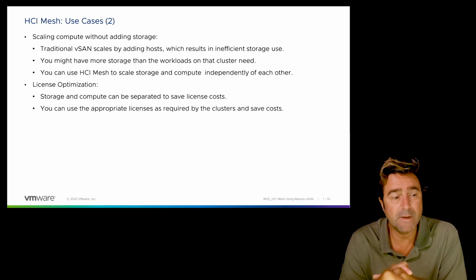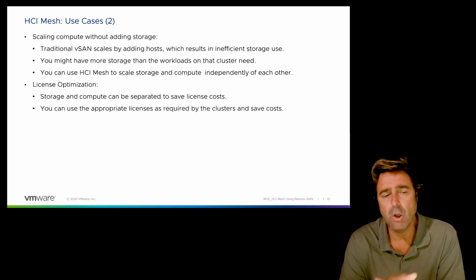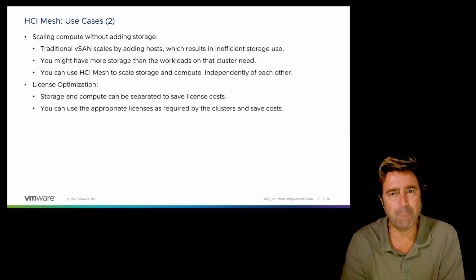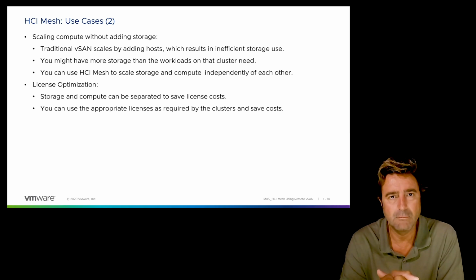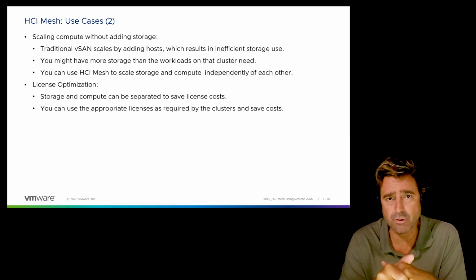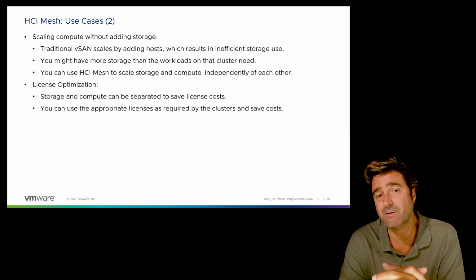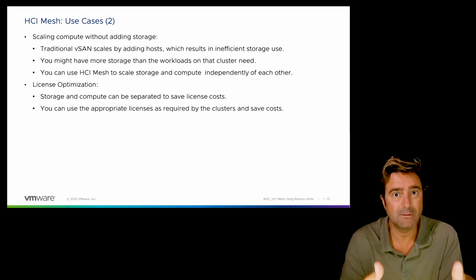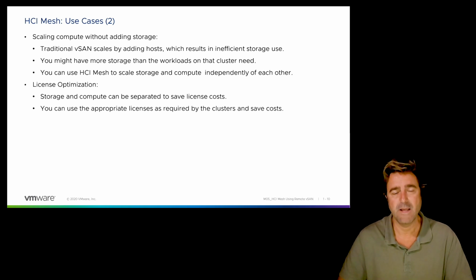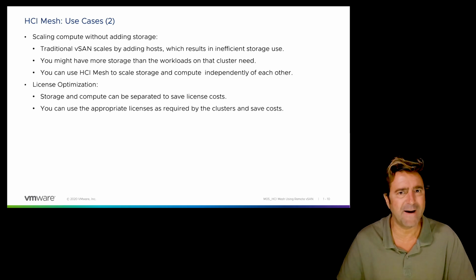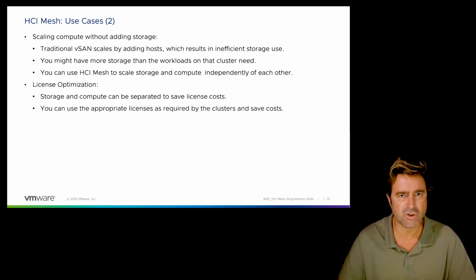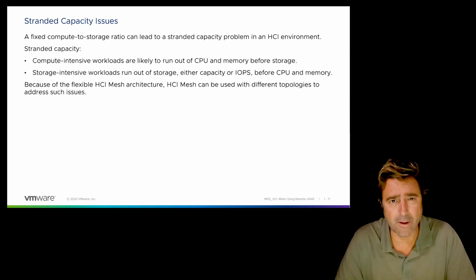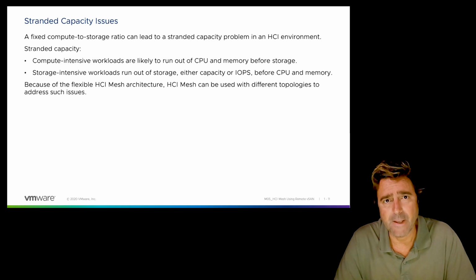It says you can use HCI mesh to scale storage and compute independently of each other. Technically, you could even build clusters without a local vSAN data store, and they just mount the remote vSAN data stores. And we've already talked about how you can save money because of license combinations. Now, the main thing here is stranded capacity.